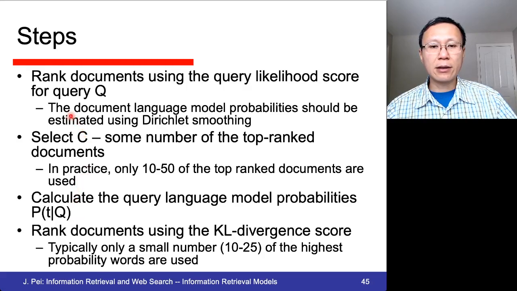Then, accordingly, the document language model probabilities can be estimated using, for example, the Dirichlet smoothing. And then we rank the documents using the KL divergence scores. And typically, again, we only use a small number of high probability words to estimate this ranking.